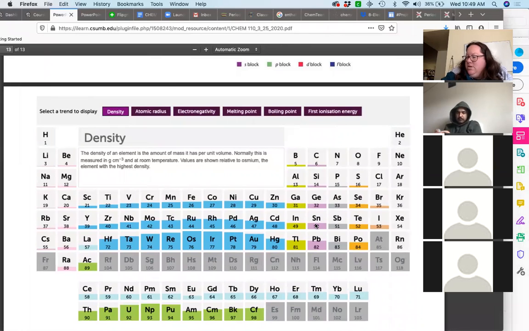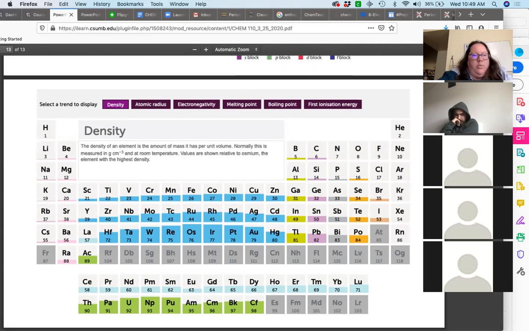Okay, so I want to make sure that we have enough time to do two things today. So before we transition, I think I have one more. Okay, no, we're good. Hooray. So there are a variety of ways that you can visualize or represent the periodic trends. Here's the goal.